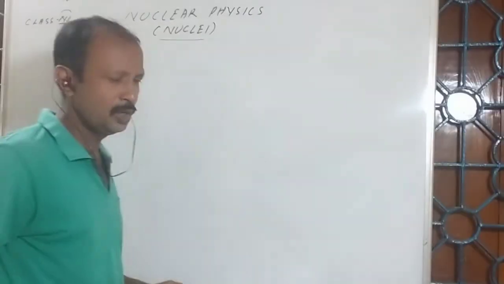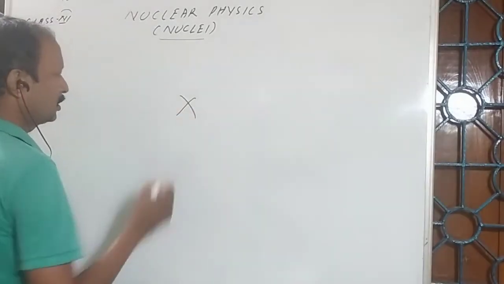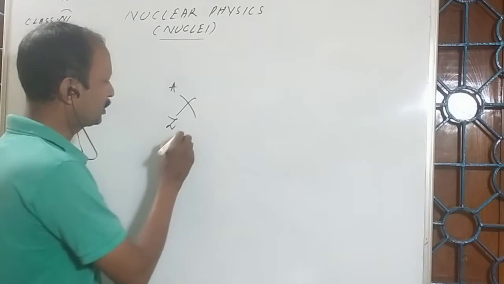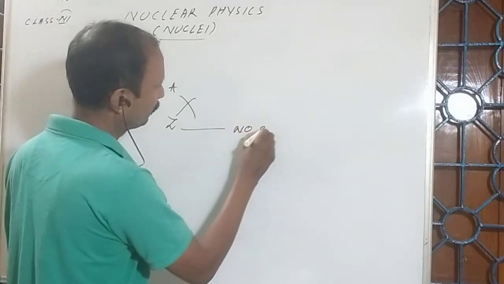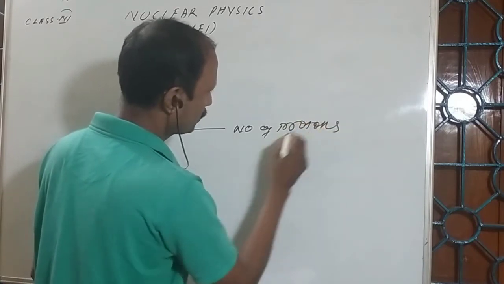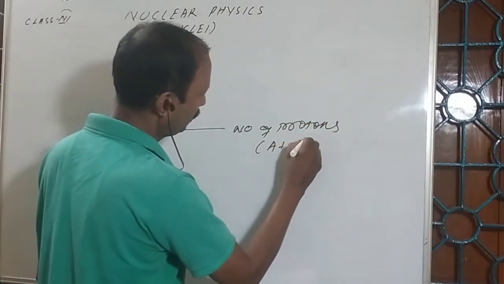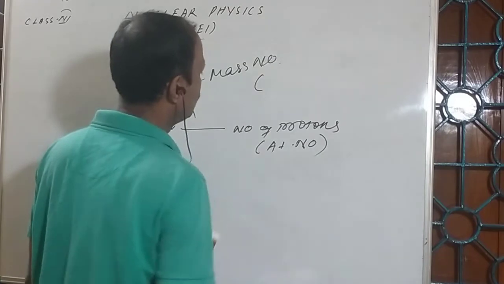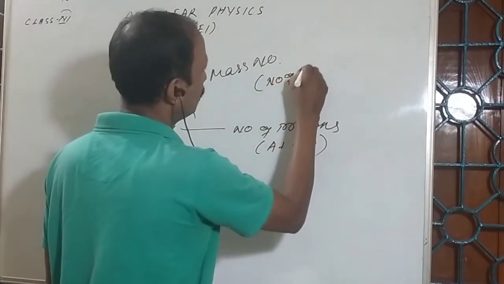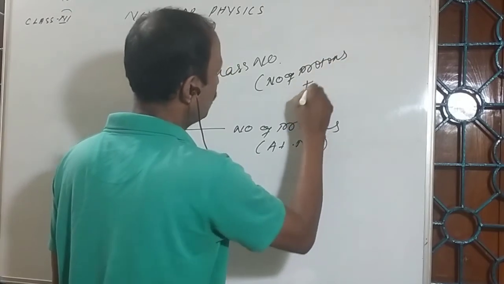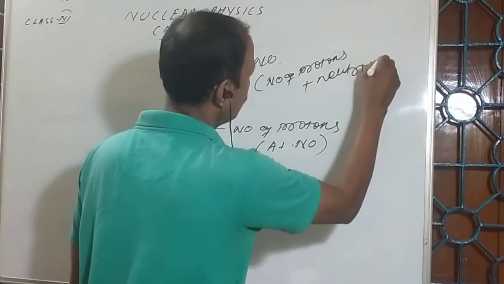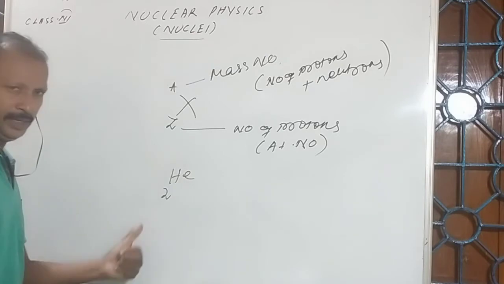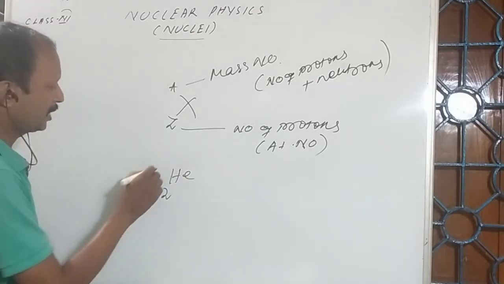Generally, a nucleus we represent like this form. See here, this is the Z, this is the A. So Z stands for number of protons, means atomic number. A stands for mass number, means number of protons plus neutrons. For example, helium: I am writing the atomic number 2, mass number 4.